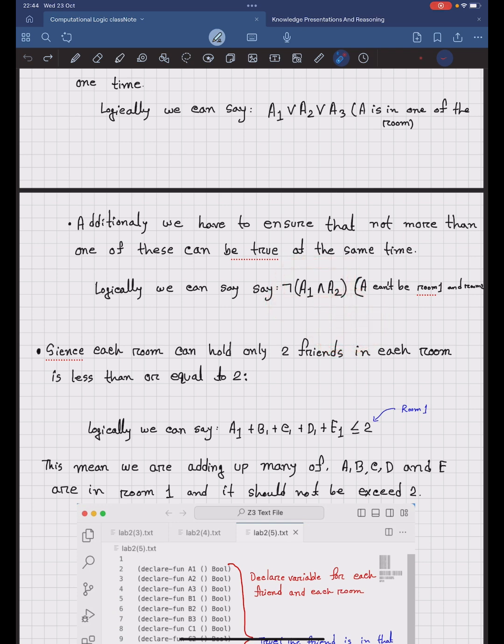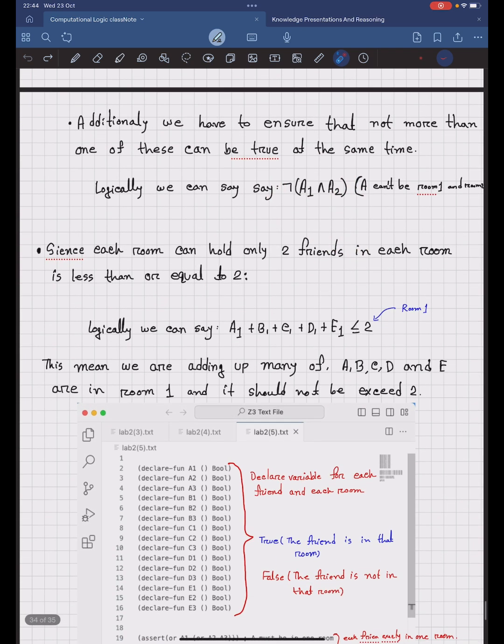Since each room can hold only two friends, this is about the room capacity.